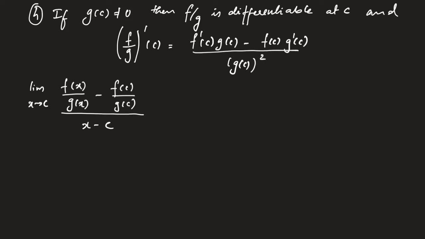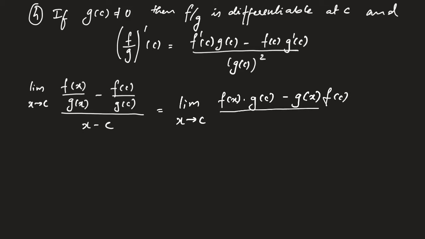Okay, so we can simplify this as follows. We can write this as limit x tends to c of f of x into g of c minus g of x into f of c, whole divided by g of x into g of c into x minus c.